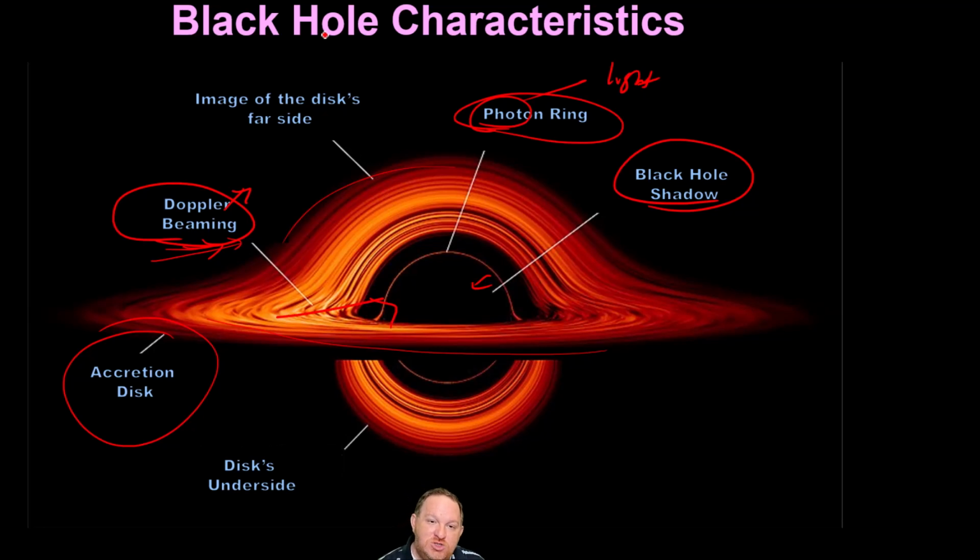Okay? Then, of course, you could have the far side of the disk and the underside of the disk. Remember, these are three-dimensional objects, so it's kind of hard to show that in an artist's rendering. Okay? So that is a general overview of the characteristics of a black hole.